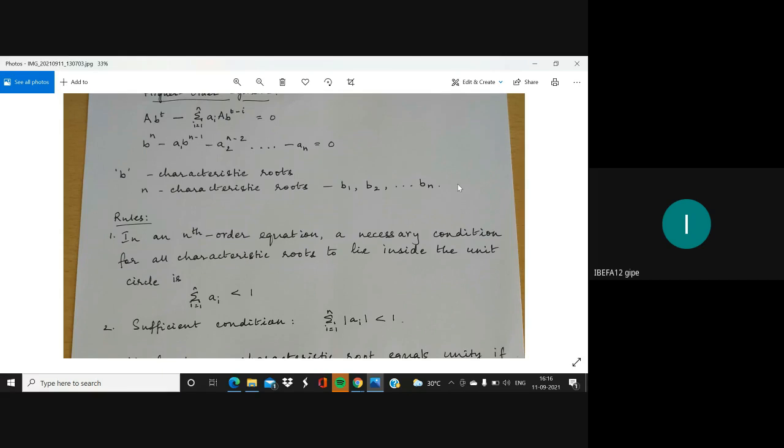If you have an nth order equation, all the characteristic roots have to lie within this circle. So generally it is said that for a time series to be stationary, all the characteristic roots have to lie inside the unit circle. A unit circle basically means a circle with a radius equal to 1, plotted on a graph where one axis has real numbers and the other has imaginary numbers.